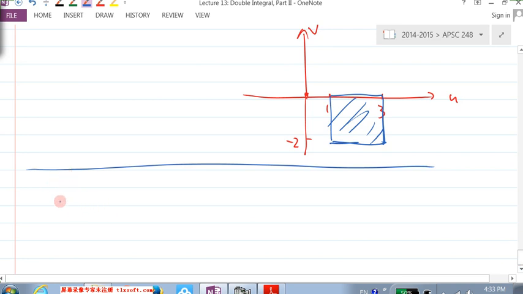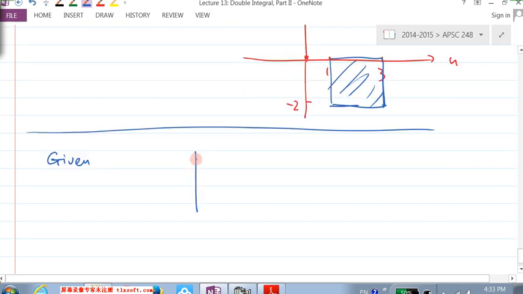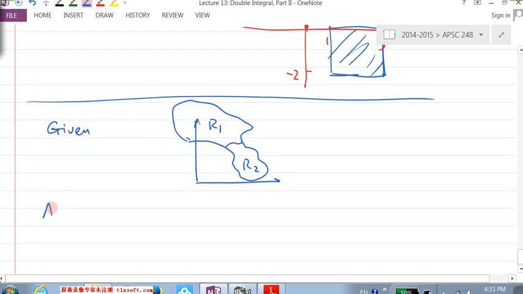So given, for example, if I have a region R like this, then what happens is you might need to separate this region R into 2 portions. And here's basically the so-called additive rule.